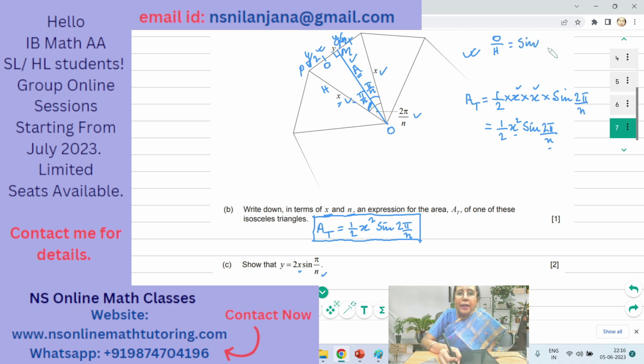In this case, pi by n. Okay. So what are we getting? We are getting y over 2, okay, let me write y over 2, in place of opposite, divided by, in place of hypotenuse, x, is equal to sine pi by n.